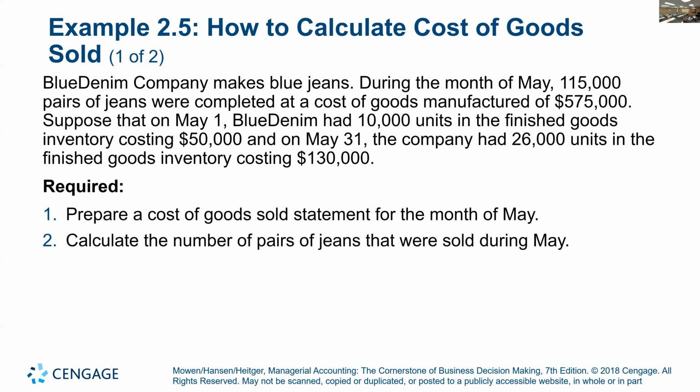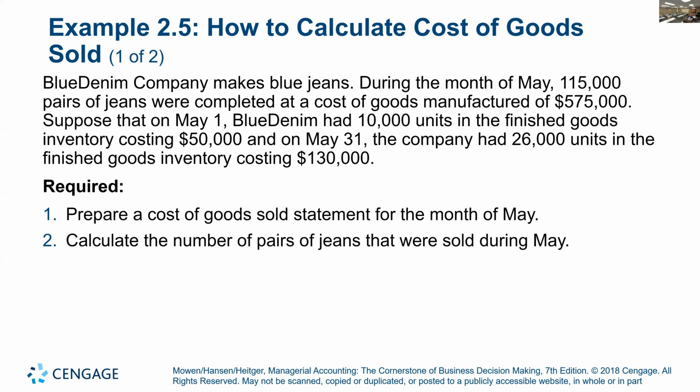That's what we can get conceptually from seeing that cost of goods manufactured. So they completed 115,000 pairs and that cost them $575,000. So now we know that we had 10,000 units in finished goods costing 50,000, and then May 31st, the company had 26,000 units in finished goods costing 130,000.